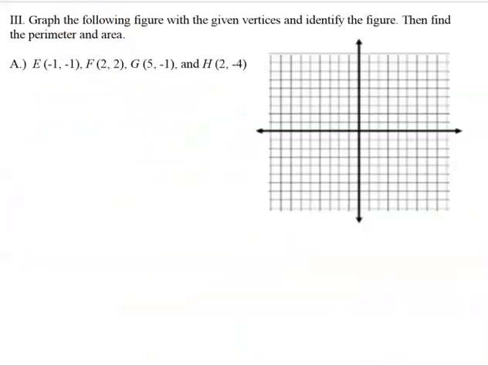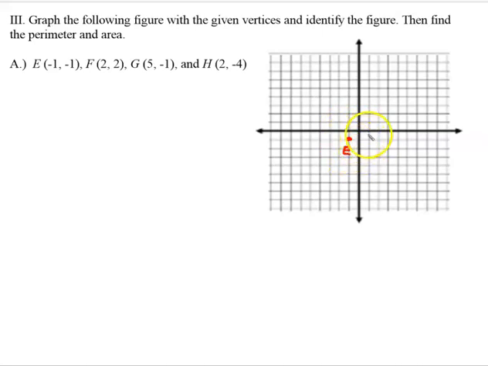Okay, so let's do one more example, and this will be my last one. So here we're told to graph this figure, plot these points, and then identify the figure, and then we're going to find perimeter and area. So let's plot point E, -1, -1.